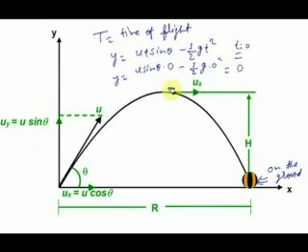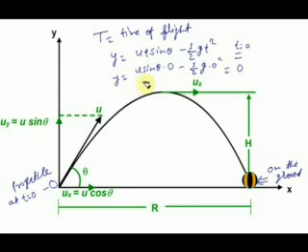So at time t is equal to 0, the displacement along the y direction is 0, which can be seen from here. At time t is equal to 0, the projectile is here. This is our projectile at t is equal to 0. Also y will be 0 once again when the projectile touches the ground.